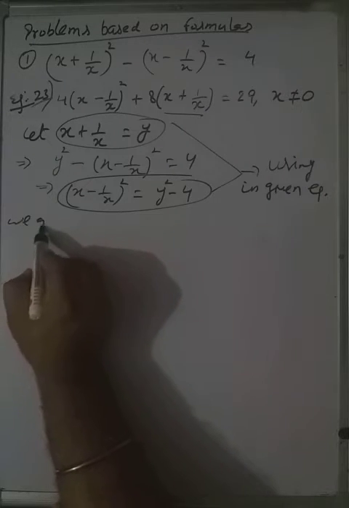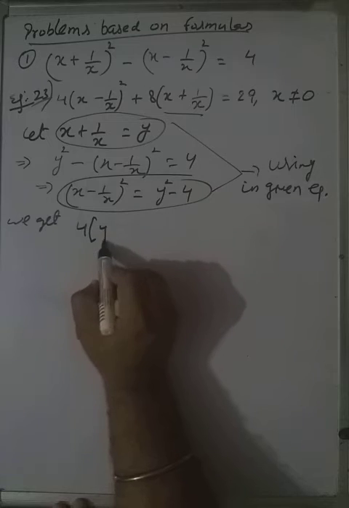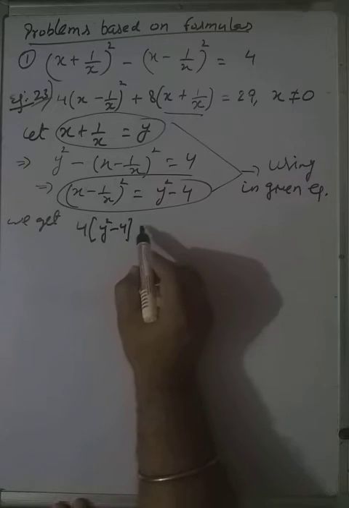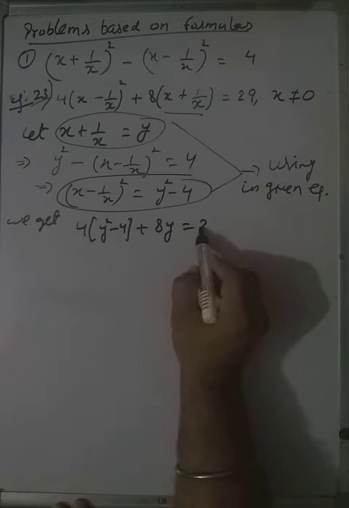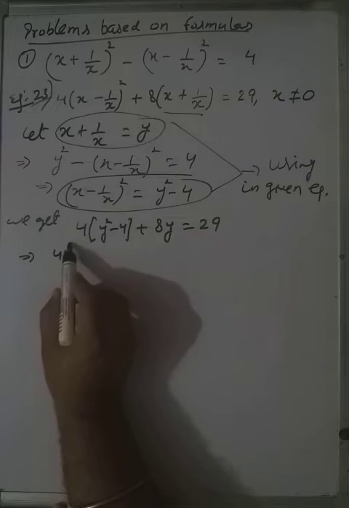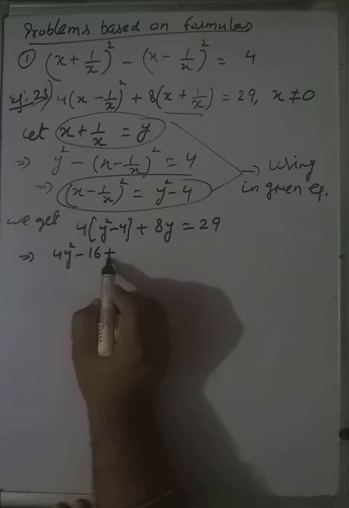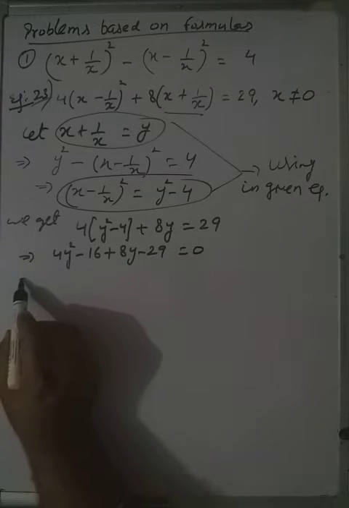So what we get is 4 multiply (y square minus 4) plus 8y is equal to 29. Now on solving this, 4y square minus 16 plus 8y minus 29 is equal to 0.